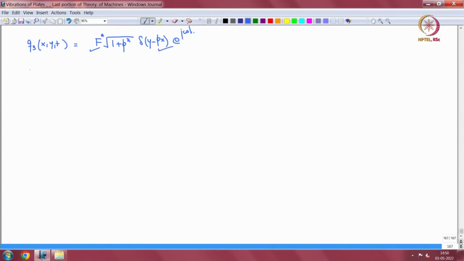So, what is my Fmn star, which I use when I remove the e to the power j omega t. Okay.